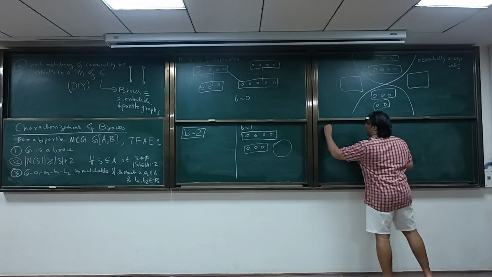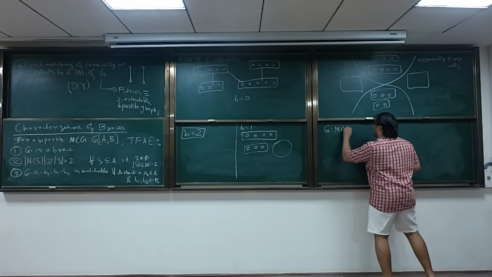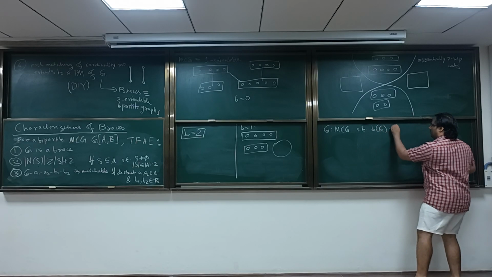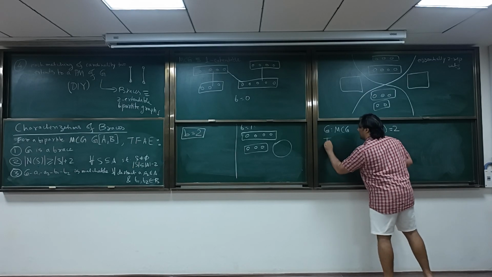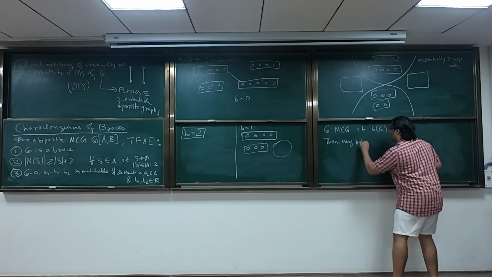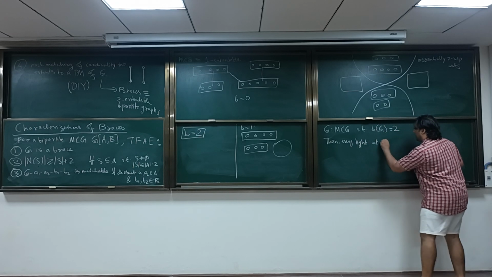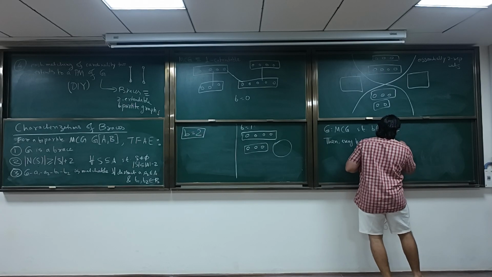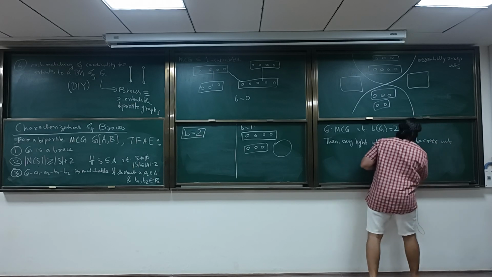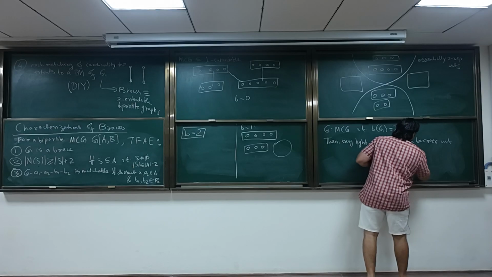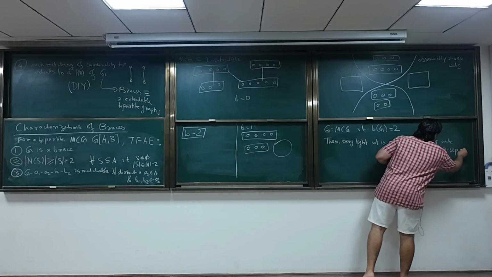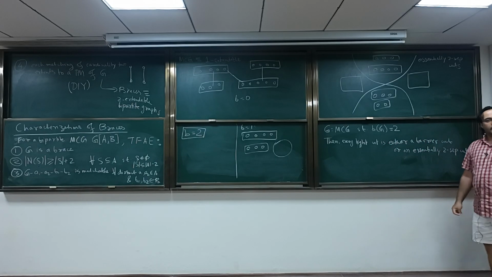What they prove is that if G is a matching covered graph with the number of bricks exactly 2, then every tight cut is either a barrier cut or an essentially 2-separation cut.